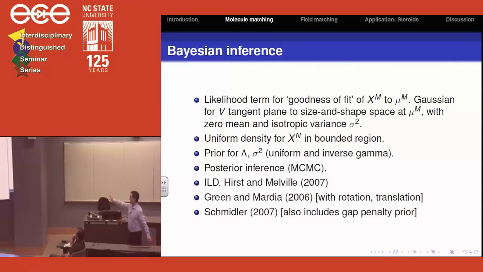Right, now this was actually done a few years ago, and there were several people who have done similar stuff. Scott Schmidler at Duke did something pretty similar to this as well. Green and Mardia did something as well, and myself and the chemists implemented this approach as well. And it seems to work okay. It works pretty well in this situation, but it's fairly time-consuming.